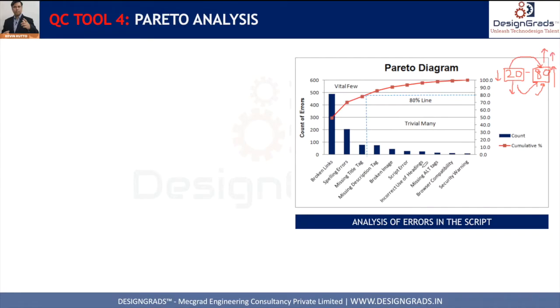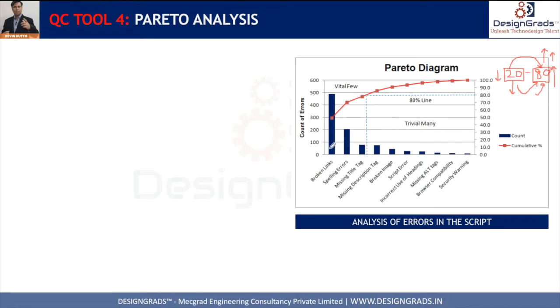So here is one example. These are all defects in handwriting or incorrect writing. Out of that, broken links, spelling errors, missing title tag and missing description tag have a lot of frequencies. So if you can see here, these are histograms, right?